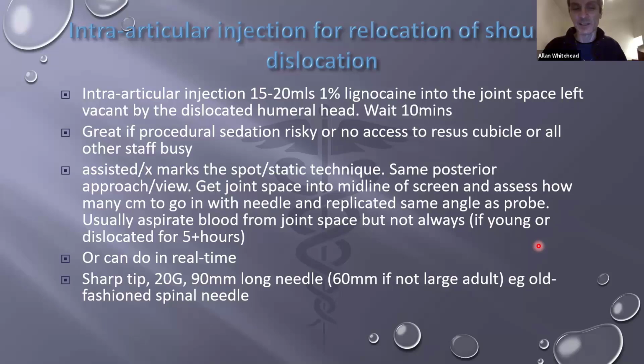So I think it's better to err on the side of having a slightly longer needle than you need. So I usually err on a length of about a 90 millimeter long needle, just to make sure I'm getting, often I need to get to about 3.5, maybe 4 centimeters in a big shoulder to make sure I'm getting to the spot I need to get to. But if they're not a large adult, a 60 millimeter needle would be fine.